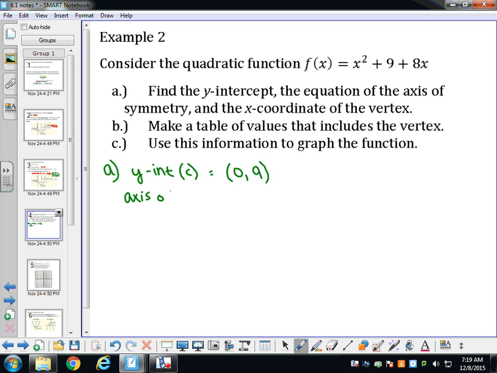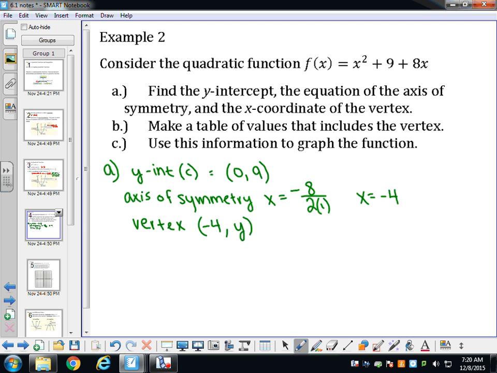The axis of symmetry, x equals negative b over 2a. So it's going to be x equals negative 4. This x is also the x-coordinate of the vertex, and some y. Now, it doesn't ask for it, but let's find it anyway. Let's also find the y-coordinate of the vertex.